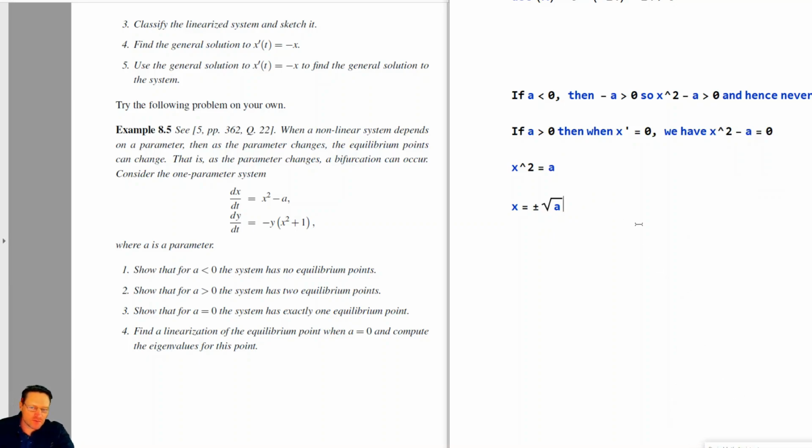All right, now if we back substitute that into the second equation, since minus y times x squared plus 1 equals 0, and we must have x equal to plus or minus the square root of A. Okay, then we can back substitute into this.